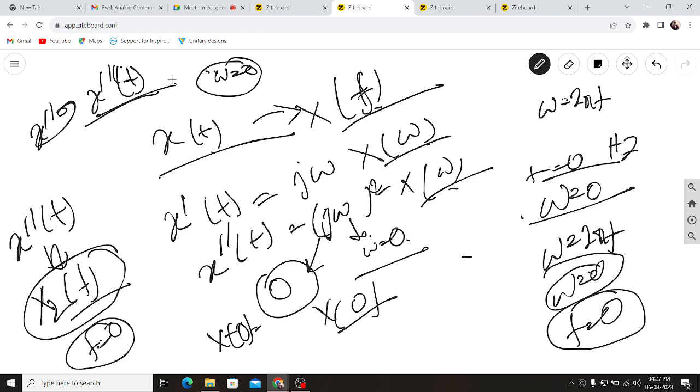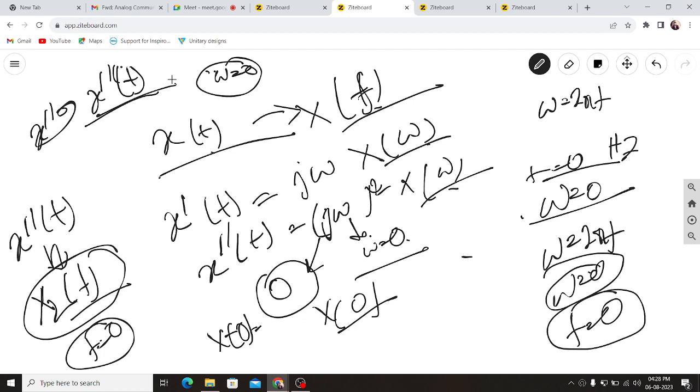We have just said we have a signal x(t). We do the double derivative of that signal, x double dash t, and x double dash t will have a Fourier representation. What will be its value at omega equal to 0?